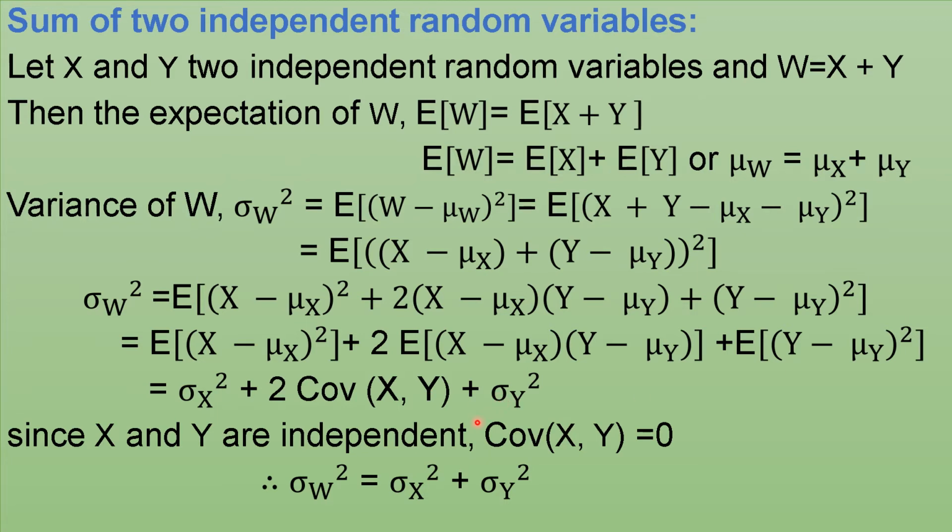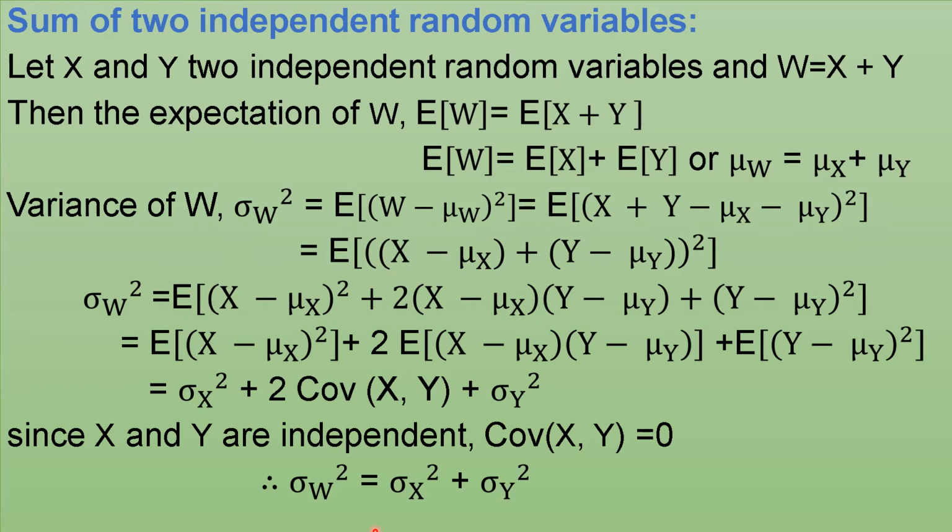Now since x and y are independent, again from the previous topic, we have seen that independent random variables are uncorrelated. And whenever the random variables x and y are uncorrelated, the covariance of x comma y will be 0.